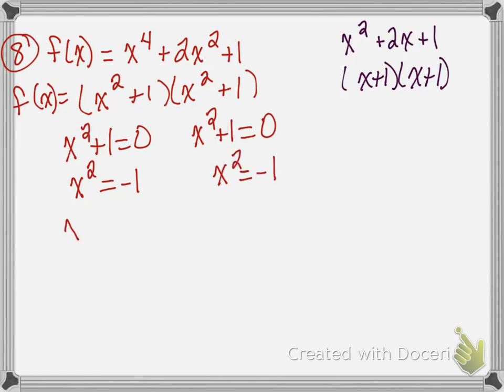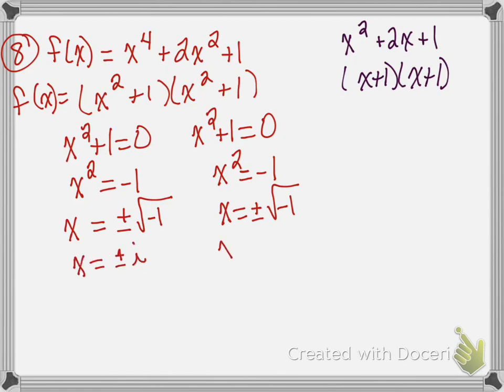Okay? I take the square root of both sides, and when I do that, don't forget, you've got to account for your plus and your minus. So I have x equals plus or minus the square root of negative 1. Okay, now the square root of negative 1 is i. So I have plus or minus i and plus or minus i. So every one of my solutions is complex.